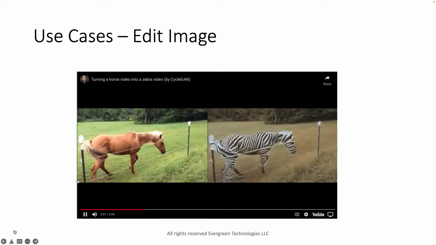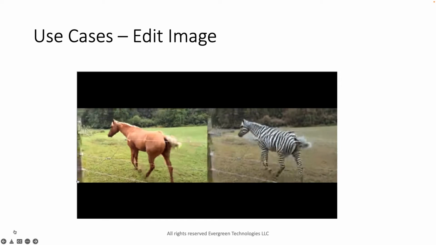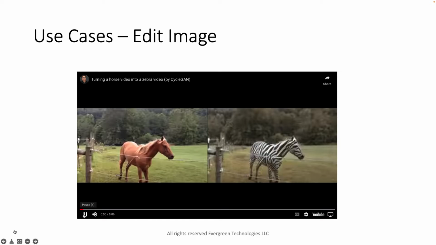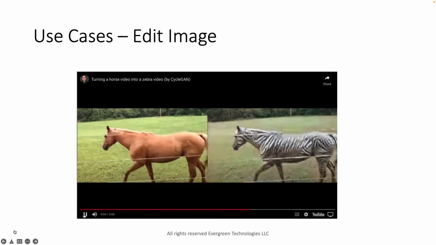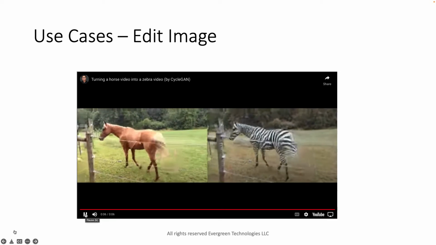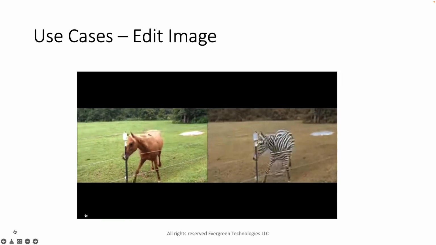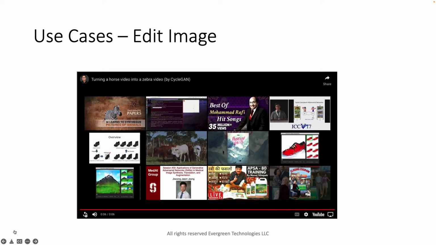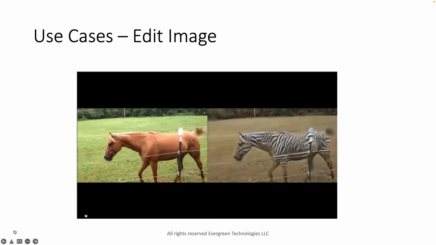On the left, as you can see, we are feeding this CycleGAN a video stream of a horse which is running on the field, and on the right it's showing the output of the same horse, but it has edited every frame in the video to generate a zebra instead of a horse, right?